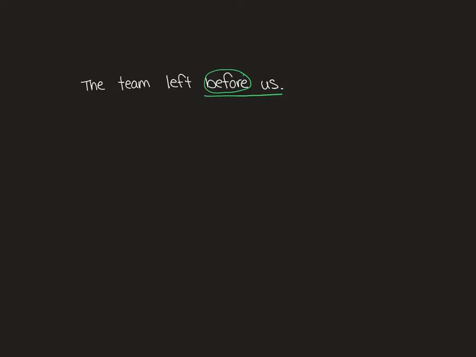So before us is the whole prepositional phrase, and us is actually a pronoun. So that will be our prepositional object. So before would be our preposition, us would be our object, and there's actually no modifier in this example. So you just need your underline, circle, arrow.